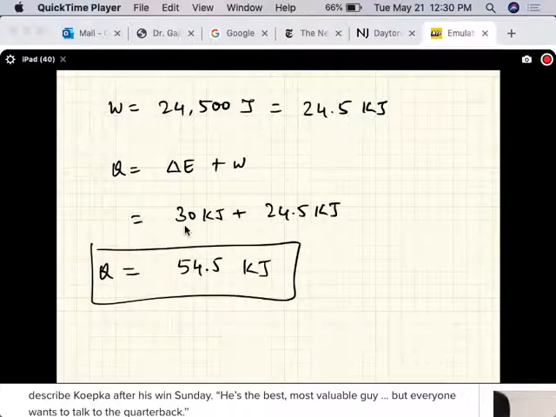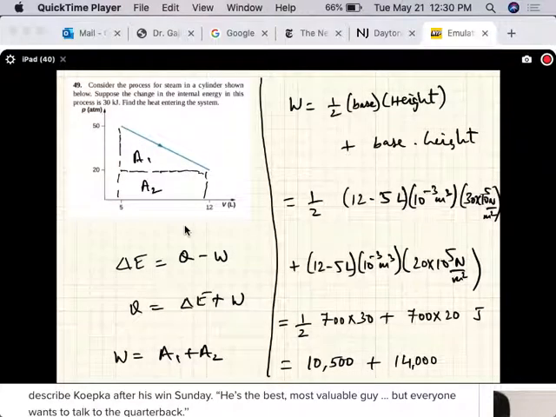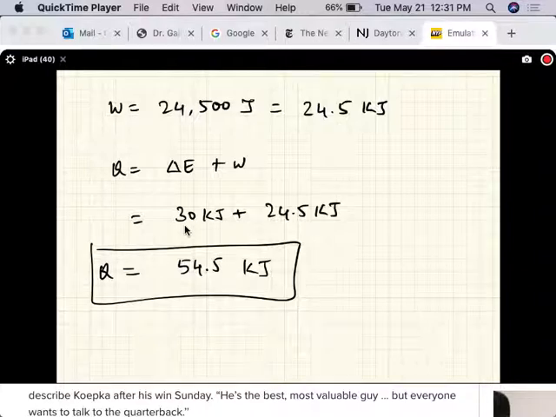Okay, so what we have found is, this is a steam engine probably. As the steam expanded in the engine doing work, this much heat was added. 54.5 kilojoules. Okay. All right.